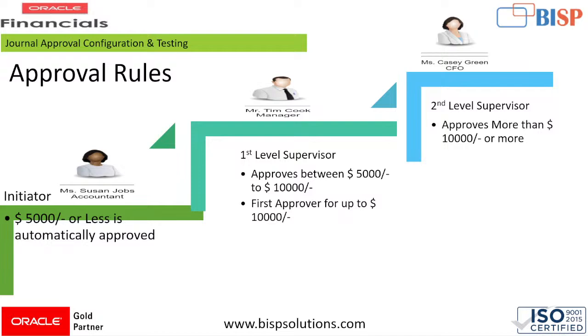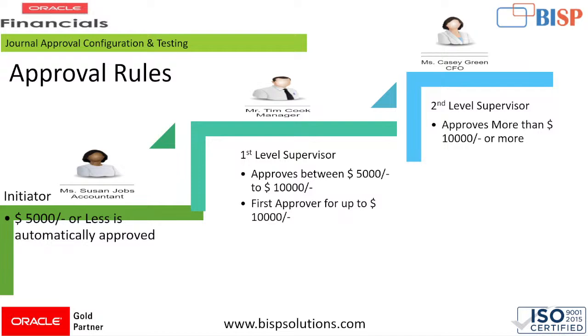Any journal with journal line value of 5,000 or less automatically gets approved. It will not go to Tim Cook as a manager. And if it is above 5,000, then it will go to a one-level supervisor rule, that is Tim Cook. He will approve between 5,000 and 10,000.